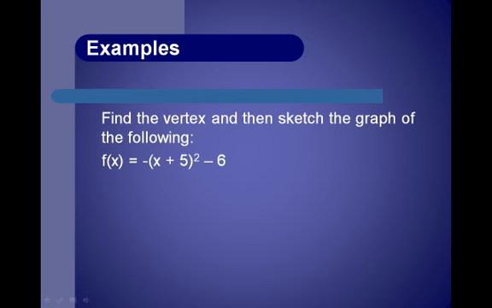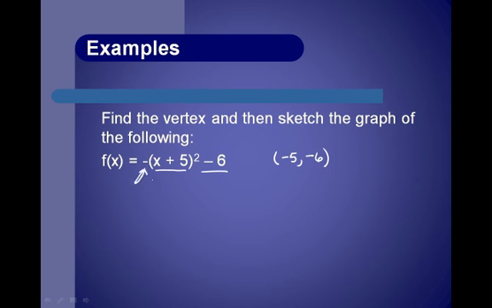Find the vertex and then sketch the graph of the following. Well, if our function is f of x equals negative (x plus 5) squared minus 6, this is our vertex form. So, we take the expression that's inside the parentheses, x plus 5, so our x value of the vertex would be negative 5. And then our y value of the vertex is the number that's on the outside, which would be minus 6.